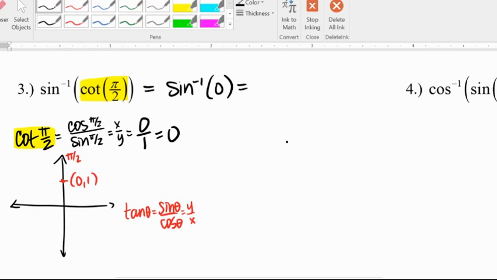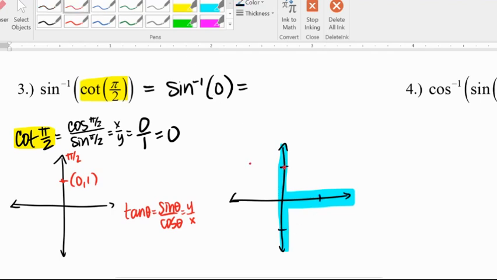And I'm going to think of the inverse sine, which is restricted to quadrants 1 and 4. But because they gave me a value of 0, I'm thinking it's going to be a quadrantal angle, right? Because you can't have a ratio of 0 when you're working with right triangles or the special right triangles. So let's take a look at the ordered pairs.